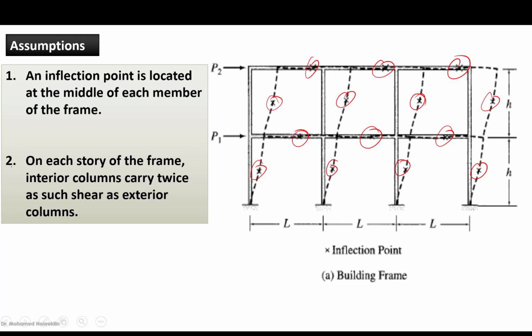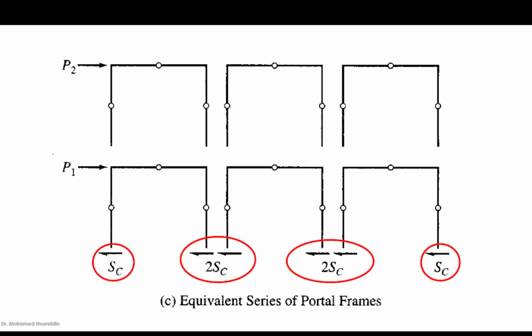And number 2, on each story of the frame, interior columns carry twice as much shear as exterior columns. This is a very important assumption that we are going to take care of. This means that whenever we have lateral loads applied, like P1 and P2, as you can see here, the exterior columns are going to take, for example, 1 share of the shear, and the interior columns are going to take 2 shares of the shear.